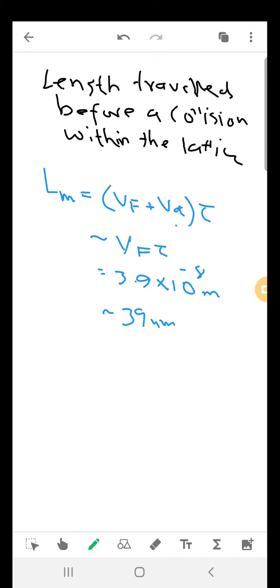Now, the lattice constants in the crystal are of the order of Angstrom, that is 10 to the power minus 10 meters.